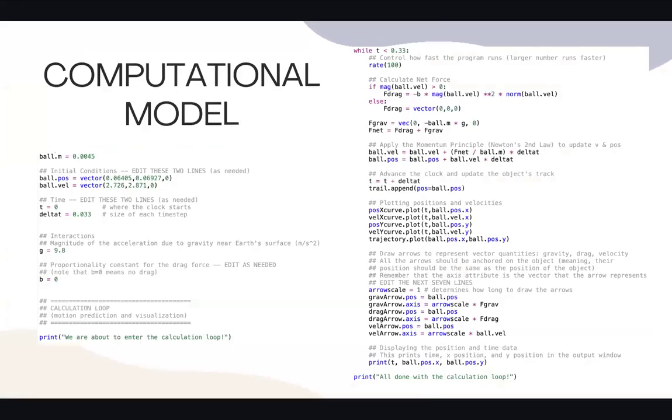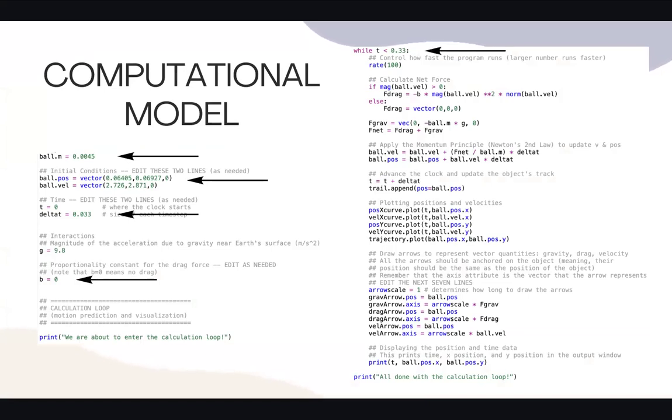Using the calculations that we found, we input the mass of the ball, the initial velocity, and the initial position of the ball. Then delta t was 1/30 because the camera catches 30 frames per second. And b is the proportionality constant.